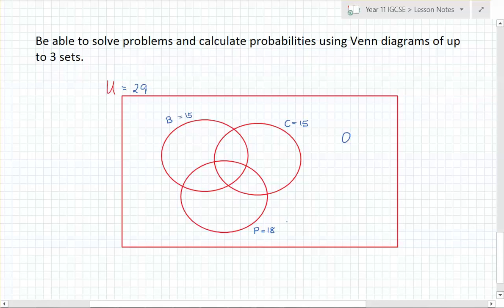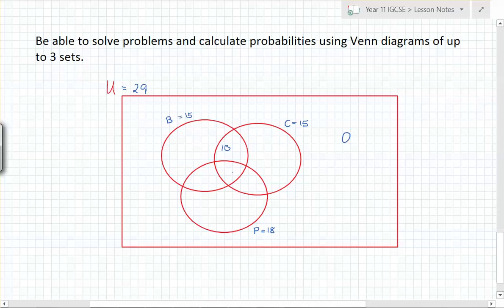So now it says 10 take biology and chemistry. So biology and chemistry is this whole region here. So I'm going to put a 10 in that region at the moment, but I need to be careful because that 10 also includes the middle bit.